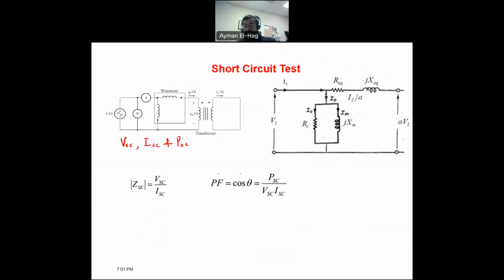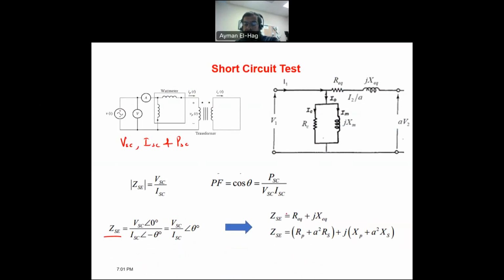And the angle for that, because again I need an angle, uses the same formula that the power equals VI cosine theta. And now this theta is basically the angle of the impedance, R equivalent plus JX equivalent. So now I will have the total Z, which is V short circuit over I short circuit for the magnitude, and the angle is theta.